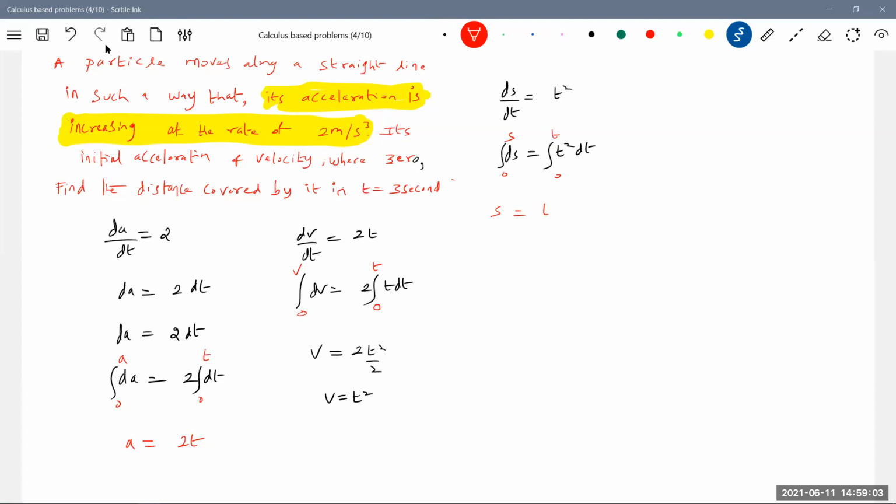So this will be s equal to t cube by 3. At t equals 0, if it were at origin, it is not mentioned, okay, we'll take it to be. Its initial acceleration and velocity were zero, and at t equals 0 the particle was at origin. Then only we can write this limit as 0. Okay, agreed?